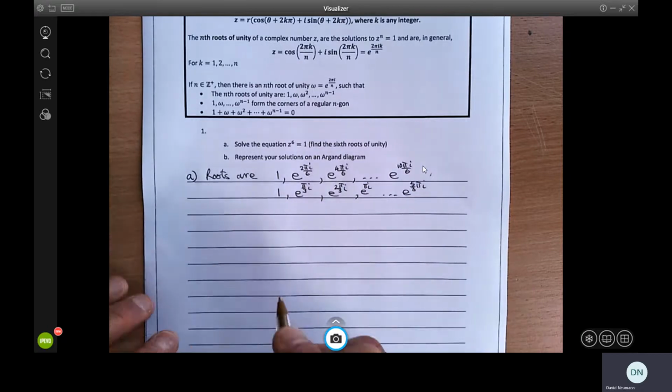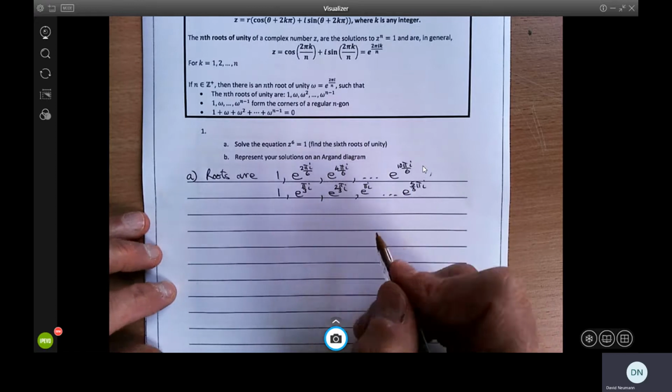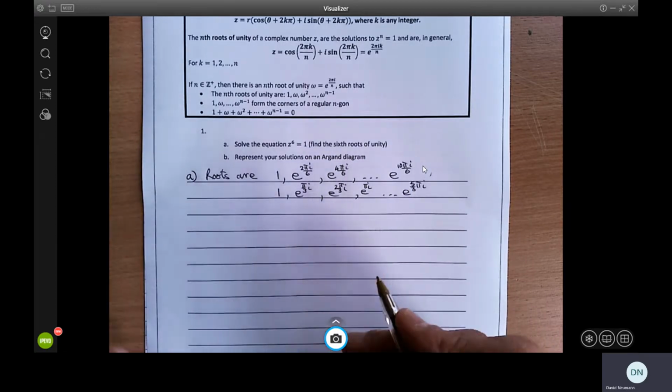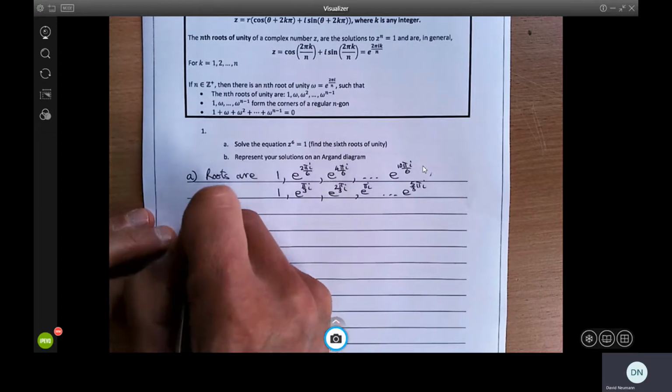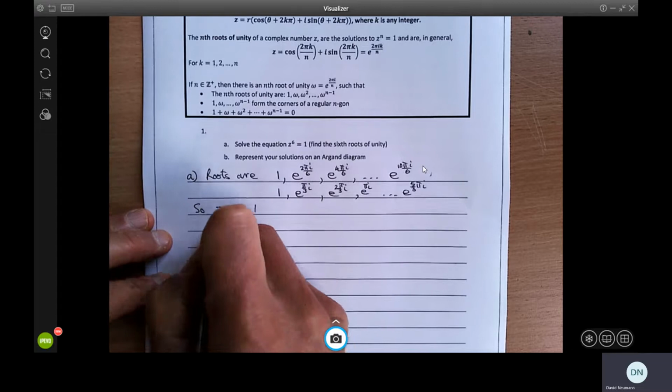There we are. So let's write each one out and give it in a plus bi form. So Z1 is equal to 1.